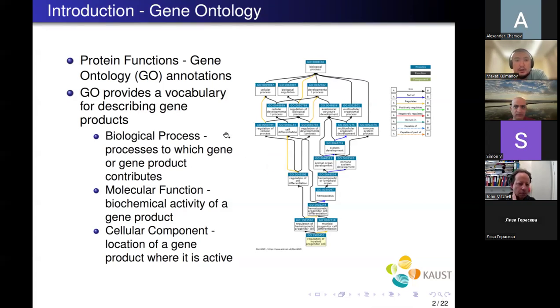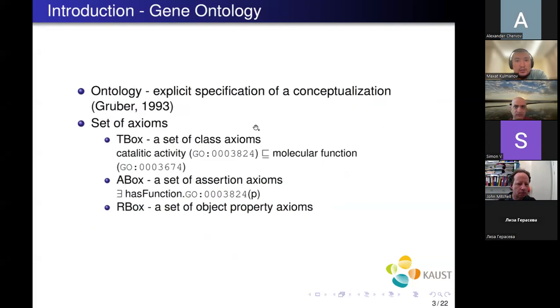All this comes from the definitions of an ontology. The reason Gene Ontology is used is that protein functions are not easy to describe, and an ontology is a tool that can describe very complex knowledge.